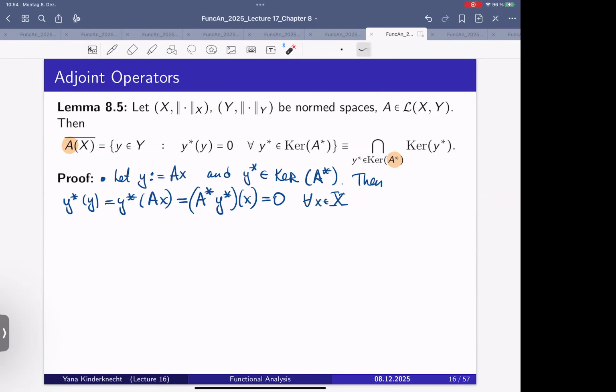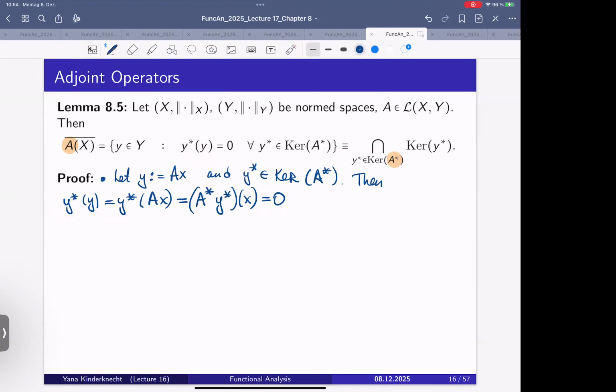And hence you see that at the moment we don't need any x; x is fixed, y is given like this, also fixed, and we have this identity.